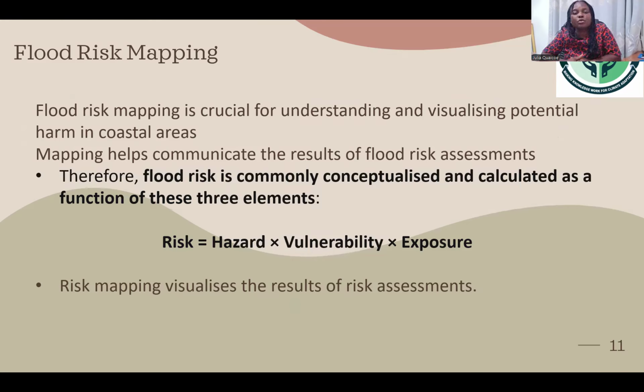Okay. And so in flood risk mapping, like we have already said, we need to understand that flood risk mapping falls under risk mapping, right?